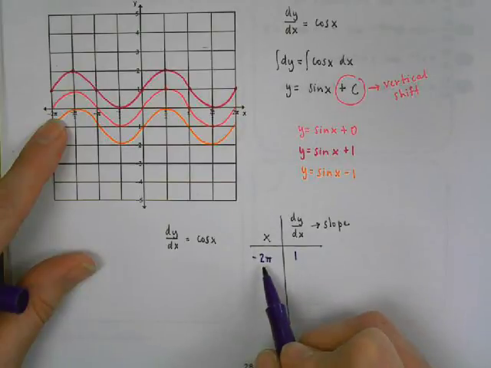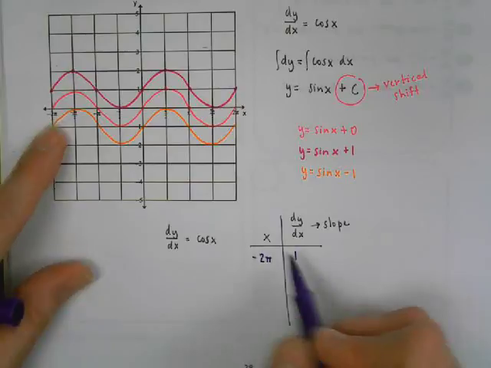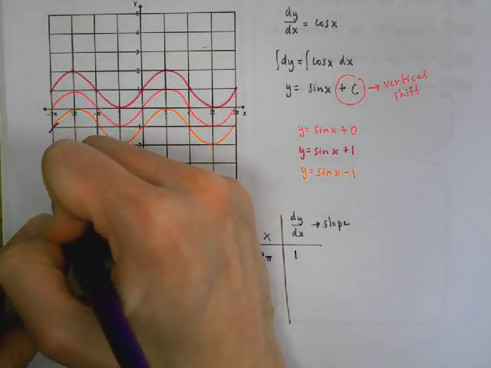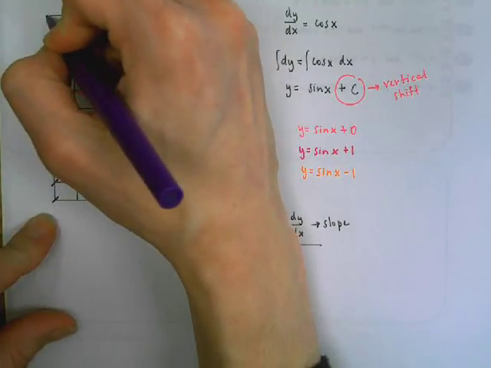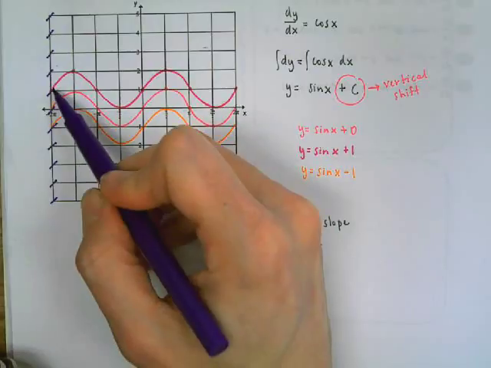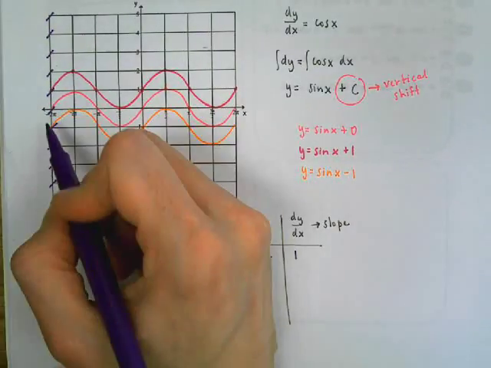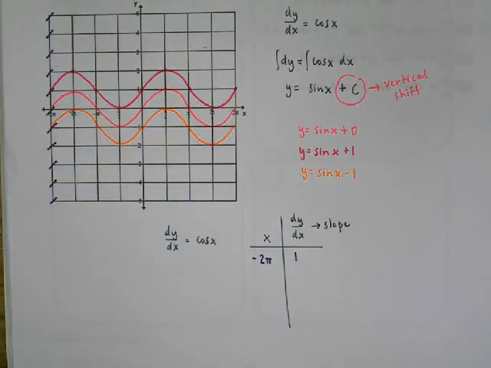So that tells me when x is negative 2 pi, my slope is 1. So what we do is at negative 2 pi, we just sketch in a slope of positive 1 everywhere x is negative 2 pi. And you can see on these three curves that we sketched in, that matches the behavior, right? If we think of very close to that point, it matches the behavior of those graphs.